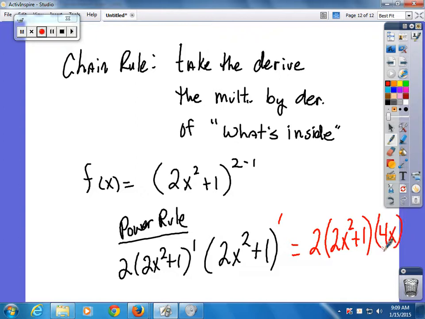And then that 4x multiplies by that 2, and you get 8x times 2x squared plus 1. And you can distribute that if needed. It doesn't matter. I'm not going to worry about it at that point. I'll take that answer, or 16x squared plus 8x.